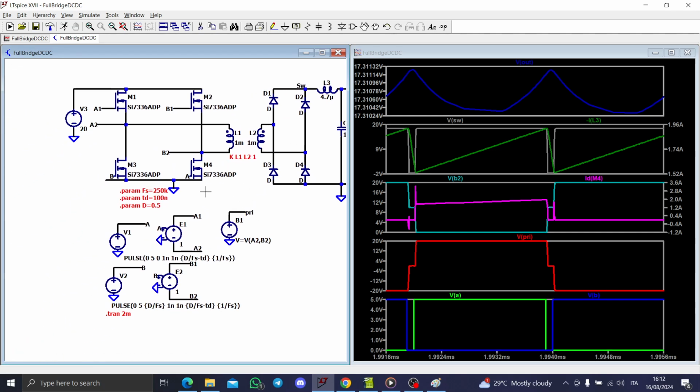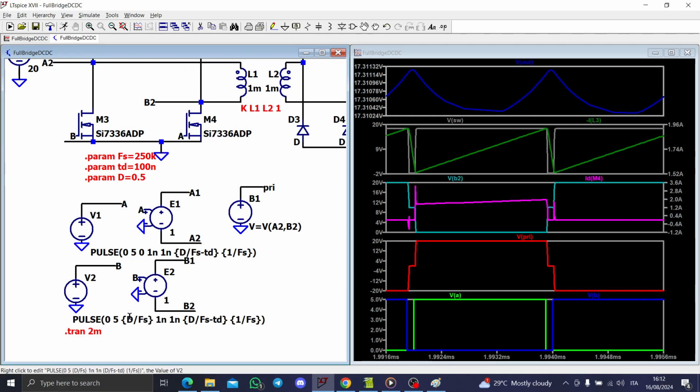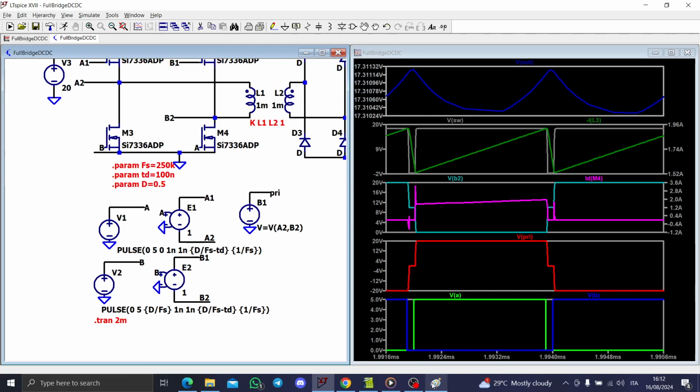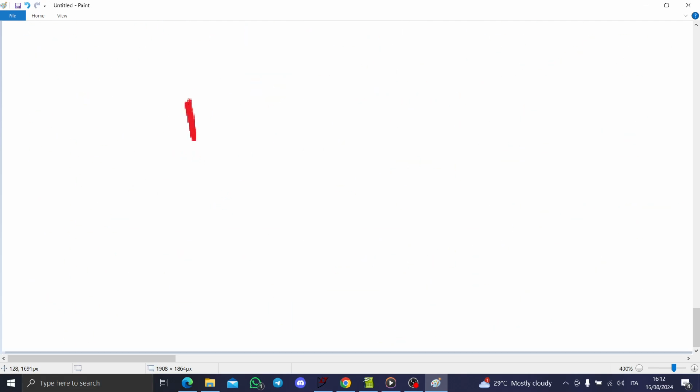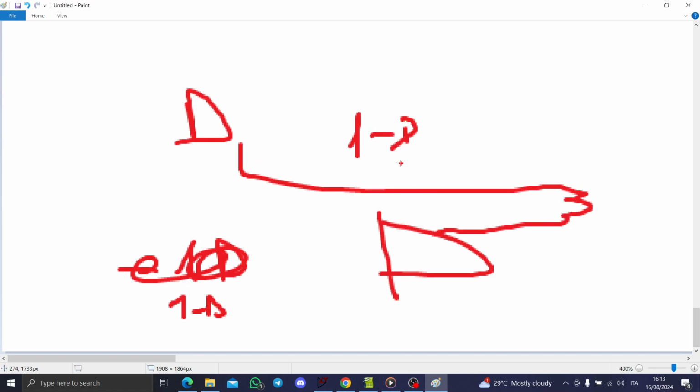What I also showed at the end of the video was what happens if you put 1 minus D here. Like I said before, D and D, sorry, 1 minus D and 1 minus D to drive your transformer.